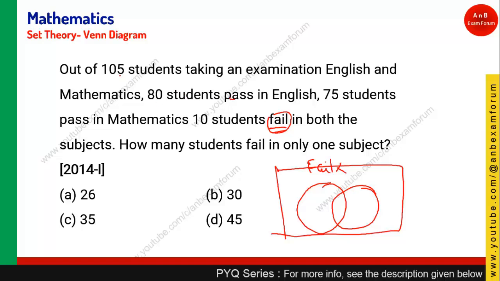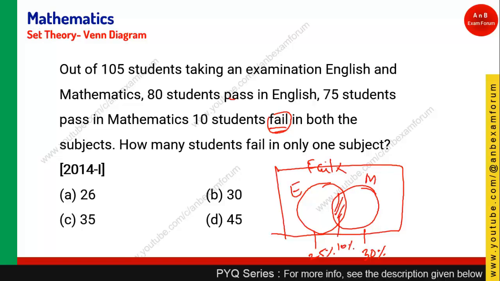When the number of students failed in English is 25, and 75 students passed in mathematics, how many students failed? 105 minus 75 is what? 30. So 30 students failed in mathematics, whereas the common region is 10.